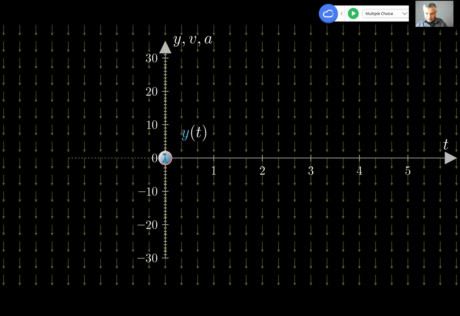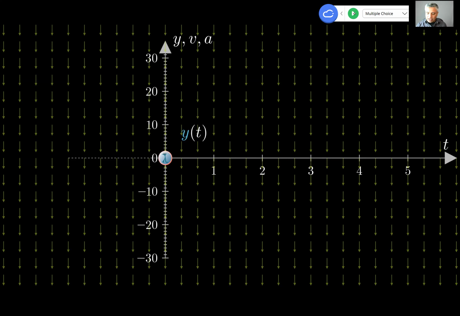So here is the graph, all these three graphs: position, velocity, acceleration versus time. This animation I slightly modified from the code I found online. So you can see how this graph looks.